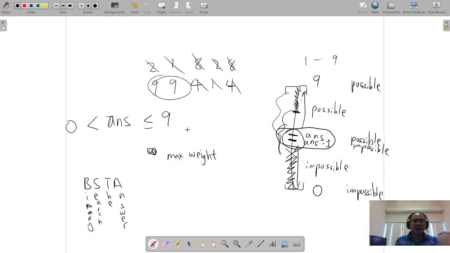Because everything else that I can move, I can put anywhere to make sure that it works. And so this check can be done in linear time. How? Well, I have 2 arrays. I just scan from left to right, ignoring everything that is less than or equal to the things I can move.